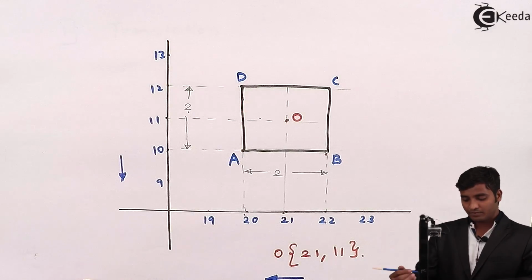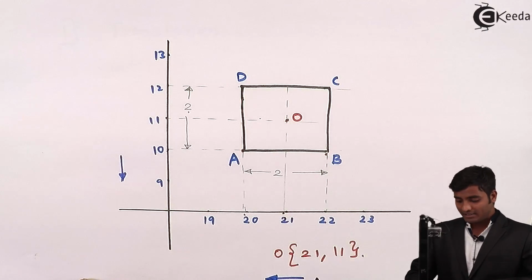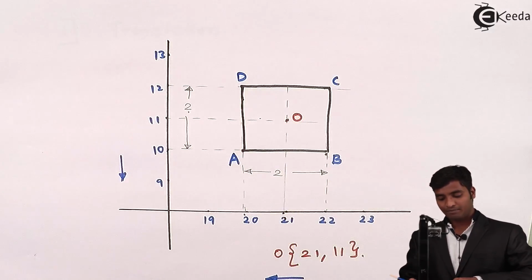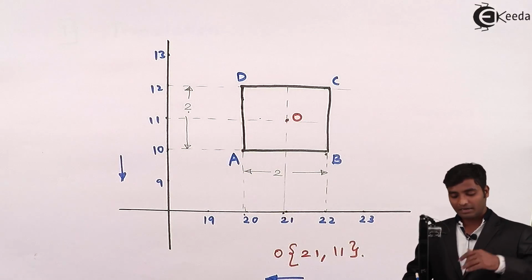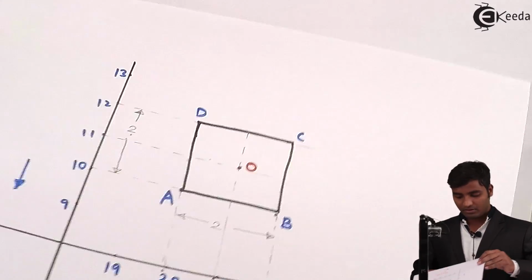Since I am moving in the negative direction, tx is minus 21, and in the y direction I am moving 11 units downward, so ty will be minus 11.